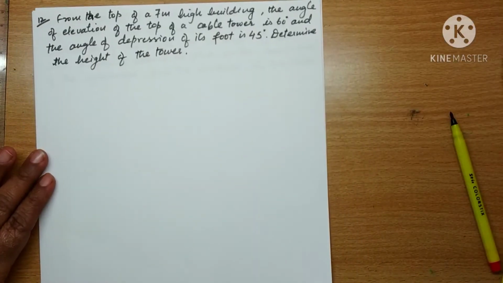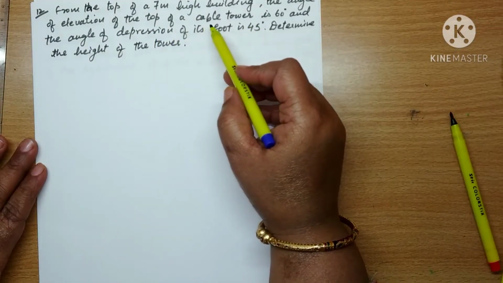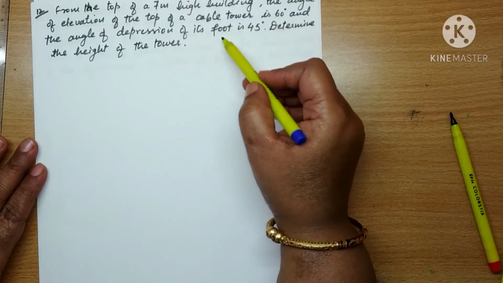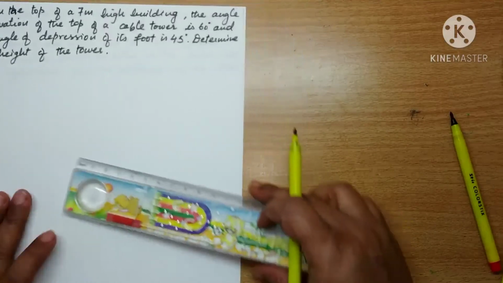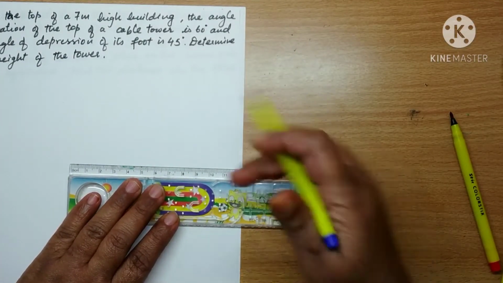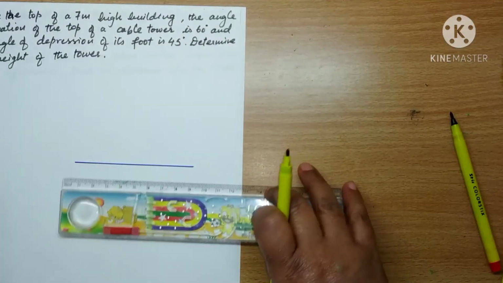It says from the top of a 7 meter high building, the angle of elevation of the top of a cable tower is 60 and the angle of depression of the foot is 45. Here comes the question of depression. Angle of elevation and angle of depression both are angles formed between the line of sight and the horizontal.